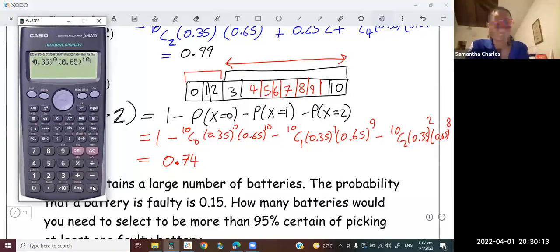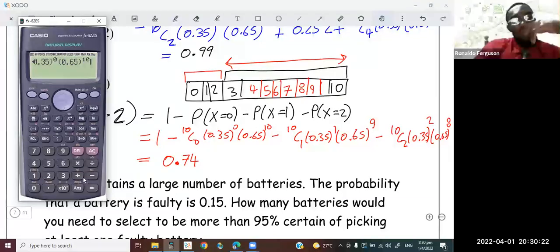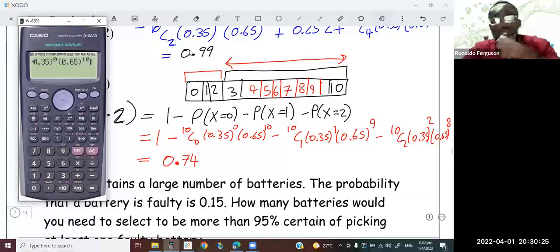You're getting an error. You put raised to? Yes. Let me see how you did it.